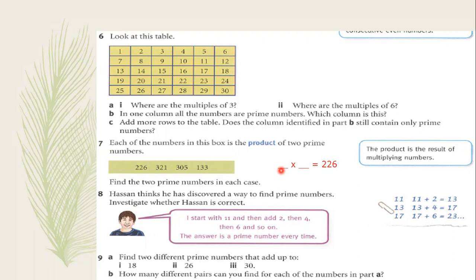You can also write 113 multiplied by 2, so this is also an answer. So these two are prime numbers.